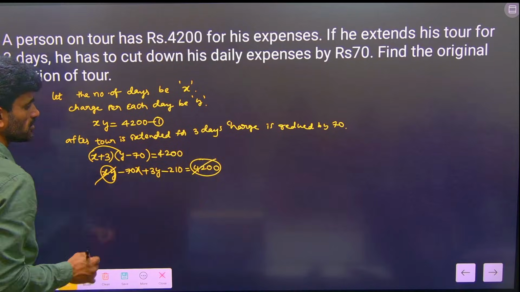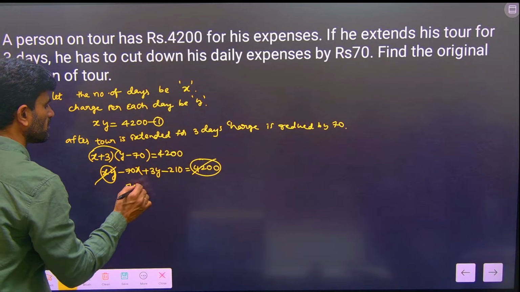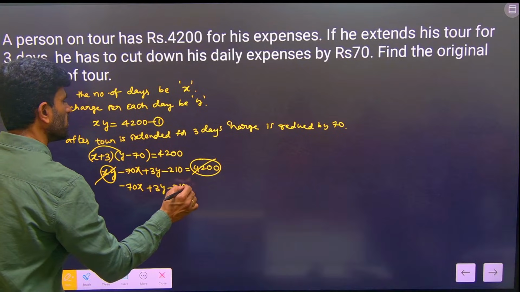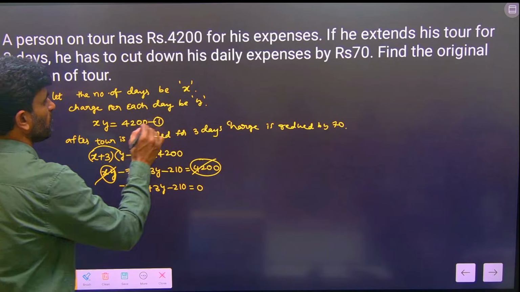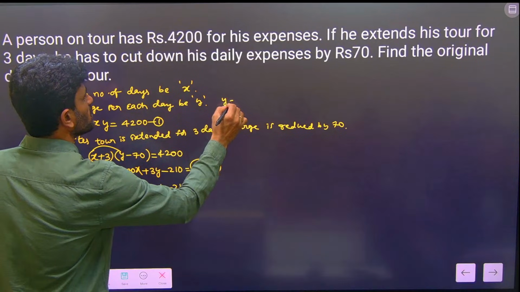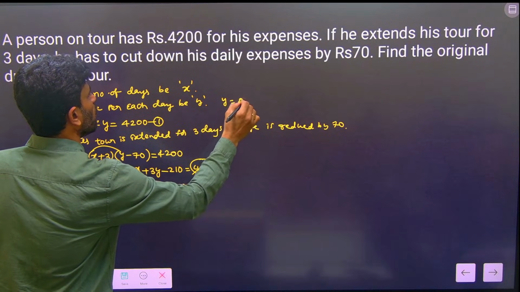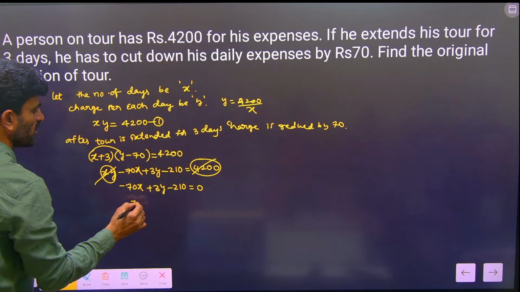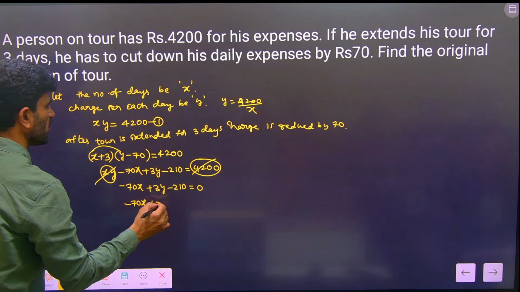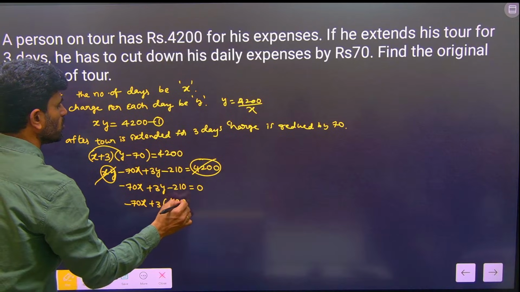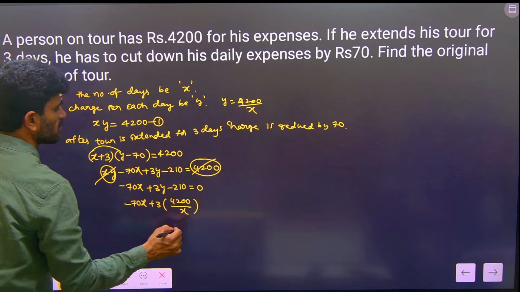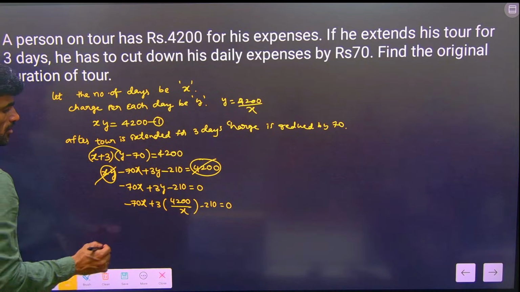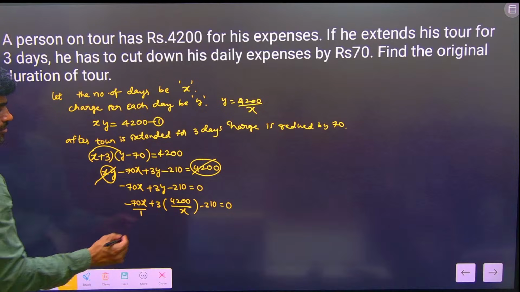We can, what you have? xy minus 70x plus 3y minus 210 is equal to 4,200, now from this only what can we write? y is equal to 4,200 by x. Then we can write here minus 70x plus 3 into 4,200 by x minus 210 is equal to 0.